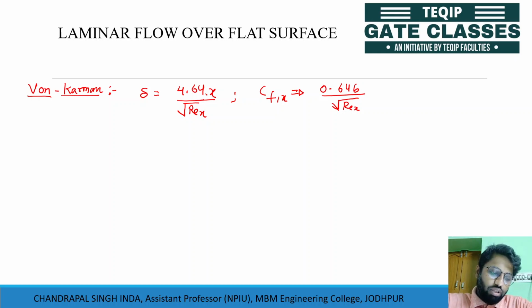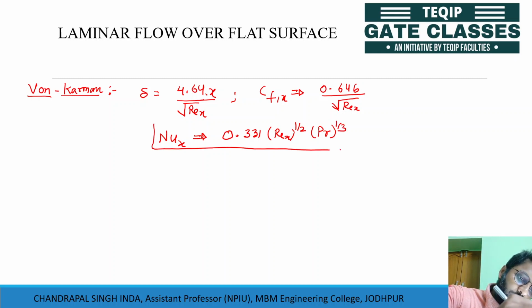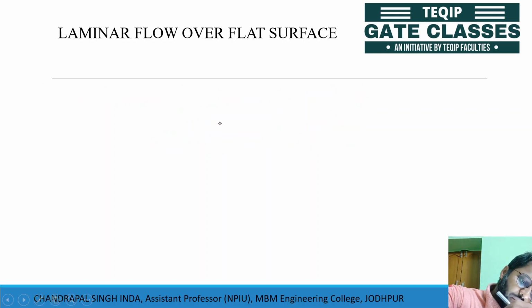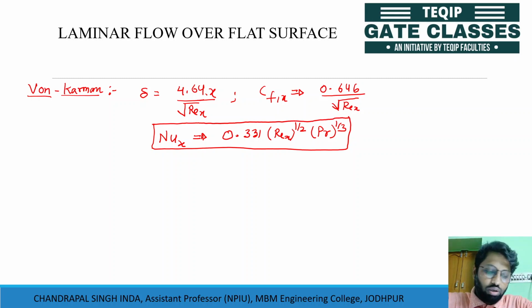energy equation, and by solving the energy equation we have the empirical relationship that local Nusselt number is equal to 0.331 Reynolds power 1 by 2 and Prandtl power 1 by 3. So the results are quite similar to the Blasius solution, but this is not treated as an exact result.